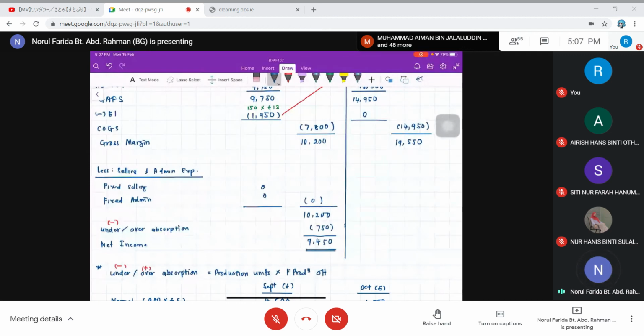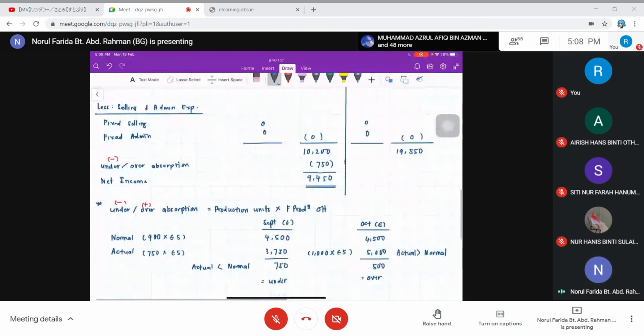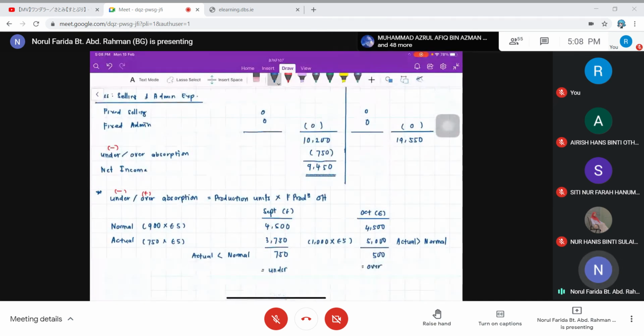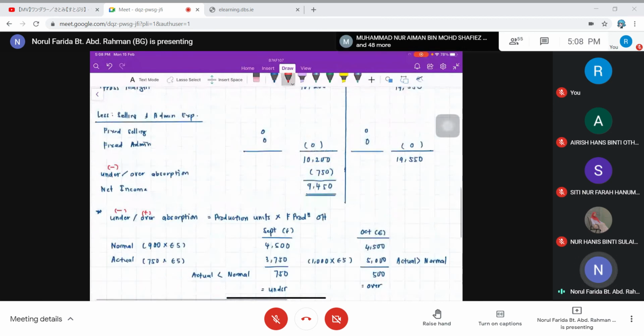Okay. Fixed selling, fixed admin, assumption kita tidak ada dalam contoh ni, tak ada. So kosong lah. So you get 19,550. Alright, you have to make adjustment with your over or under absorb. Untuk Oktober tadi adalah over absorb. Over absorb you kena tambah.